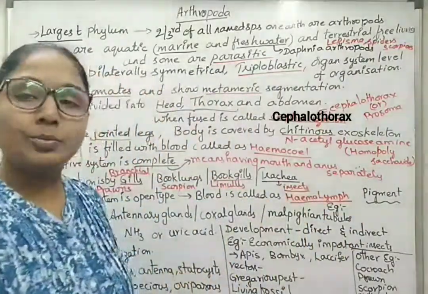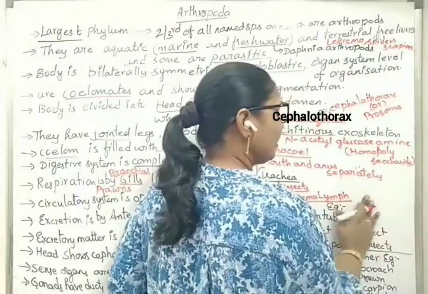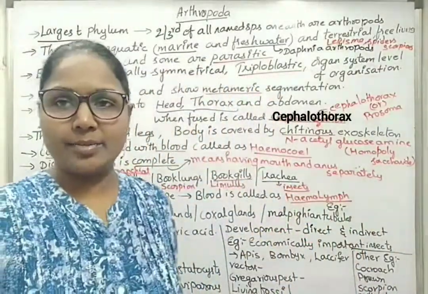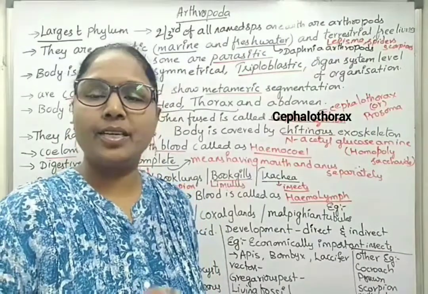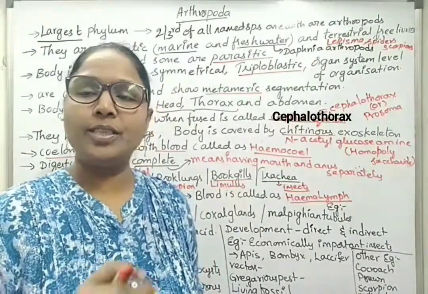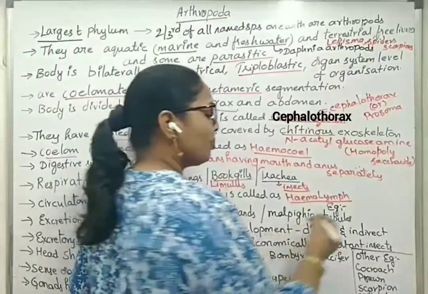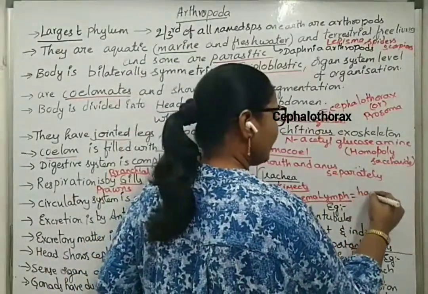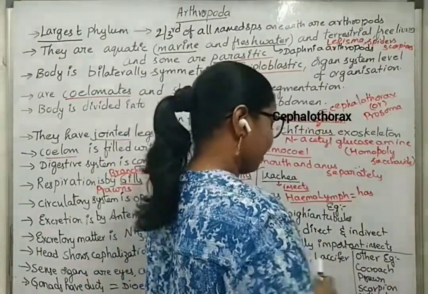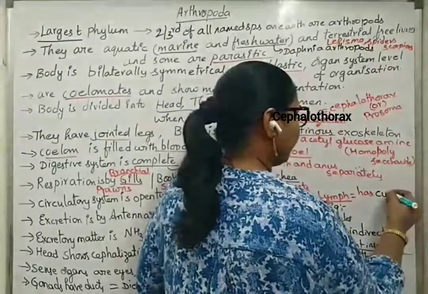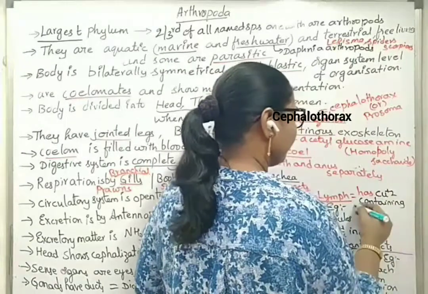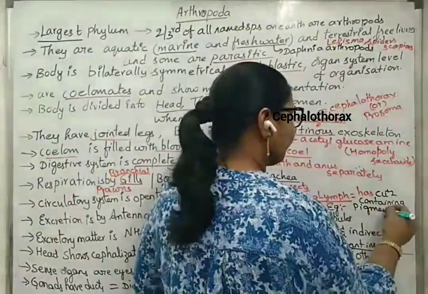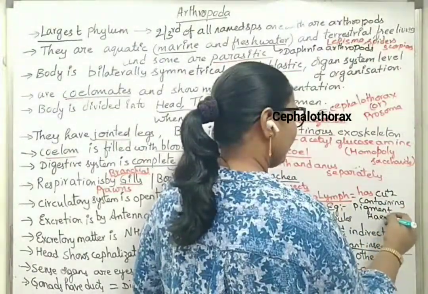It is whitish blue in color, and respiratory pigments like the others are absent here, but there is a copper-containing pigment responsible for the whitish bluish color of the Arthropoda, that is hemocyanin. It has a copper-containing pigment, hemocyanin.